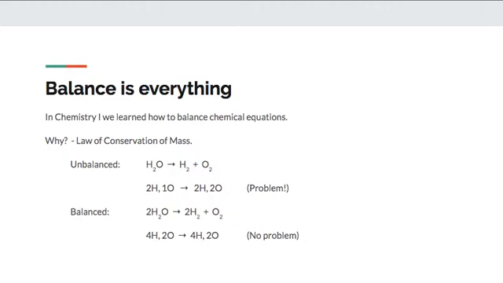Now that makes it so that we have 4 hydrogens and 2 oxygens on the reactant side and 4 hydrogens and 2 oxygens on the product side. Now there is no problem there with the law of conservation of mass. So that is really important. Whenever we are dealing with stoichiometry, we must have a balanced chemical equation. Otherwise, the quantities between the reactants and the products is not going to be correct.